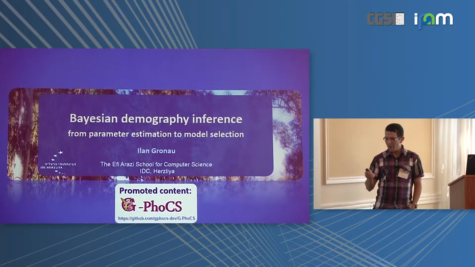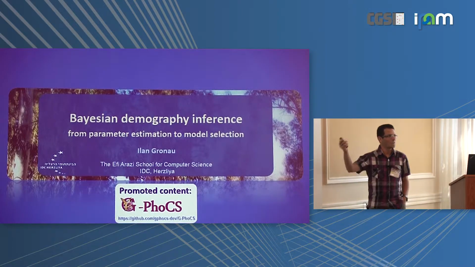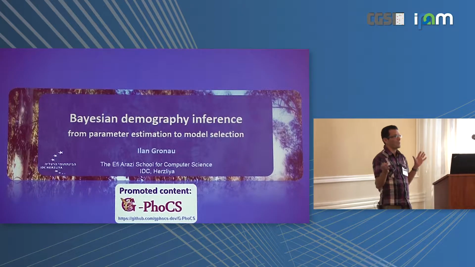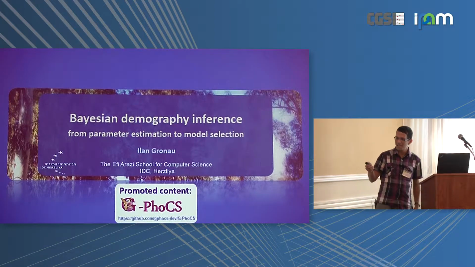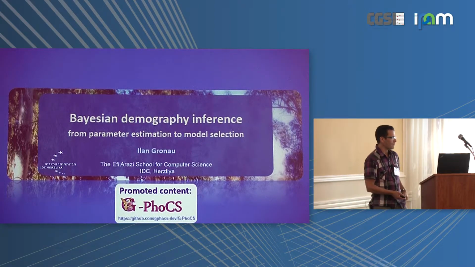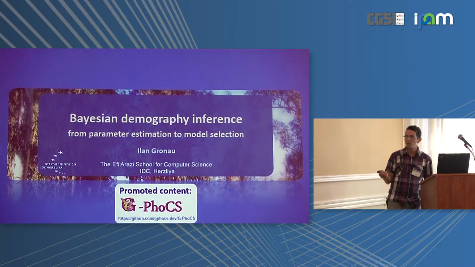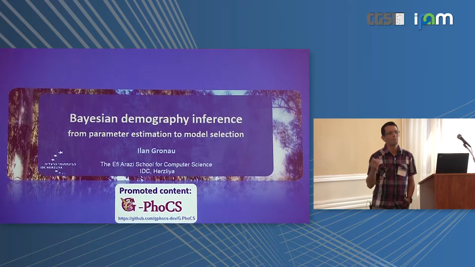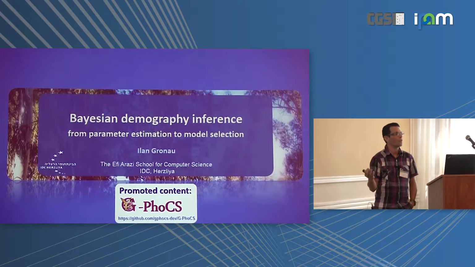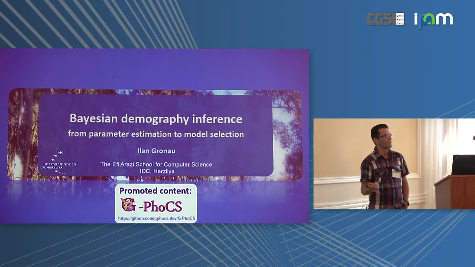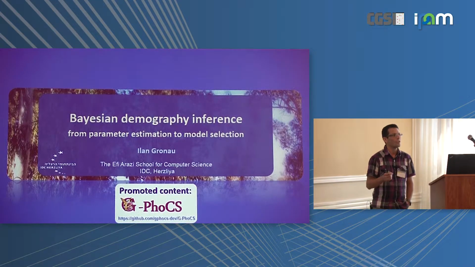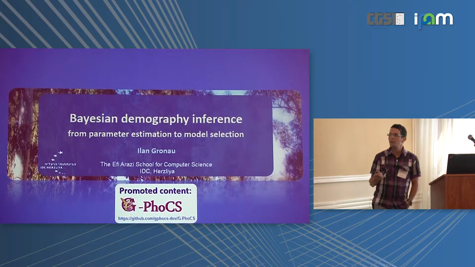I'm going to promote GFOX, which is a method I'm going to talk a bit about during my tutorial. I try to keep it as general as possible, but you're going to see a few mentions of this method for demography inference. What I'm going to try to do is go fairly slow about what Bayesian demography inference is, and there are quite a few methods that use this approach to study population history.